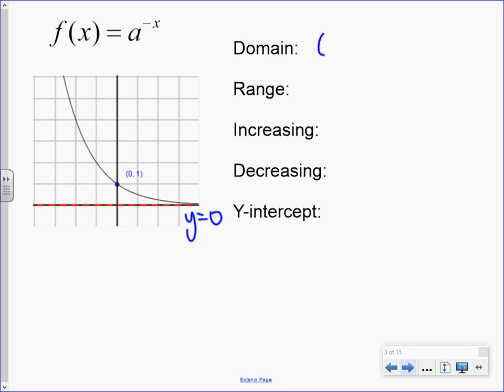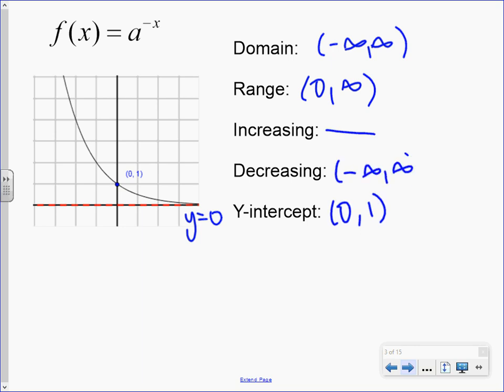Our domain is going to stay the same. Our range is going to stay the same. Our y-intercept is the same, except now we are always decreasing and never increasing. Exponential decay versus exponential growth.